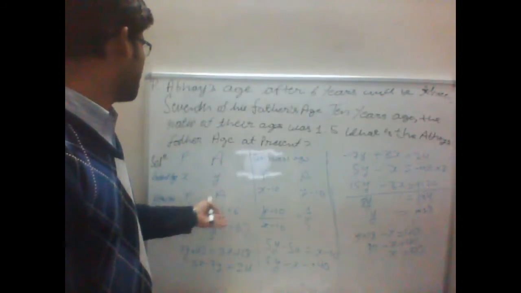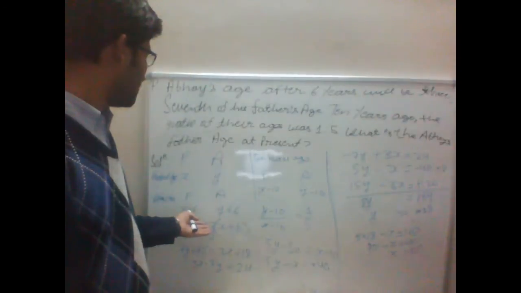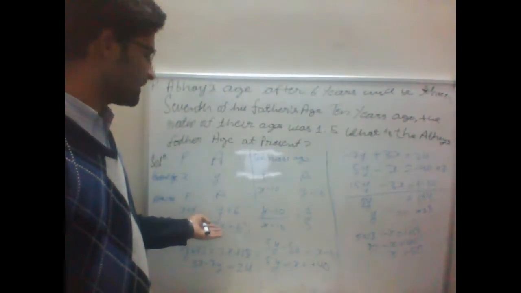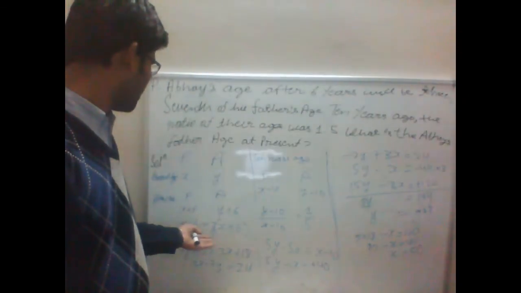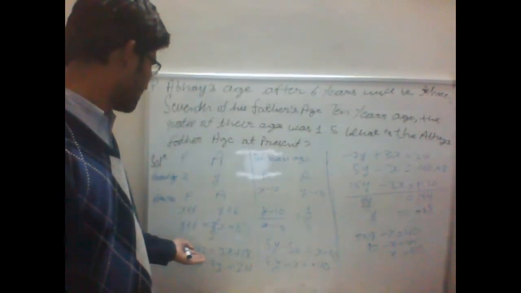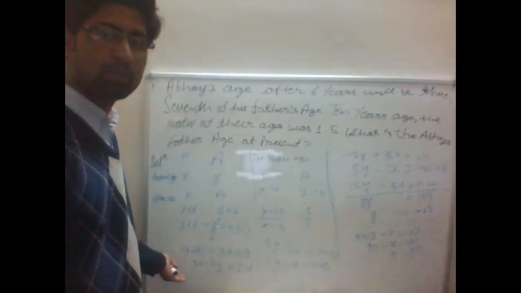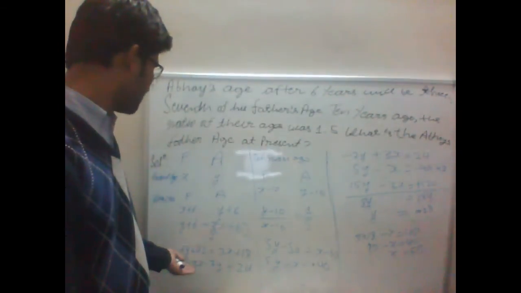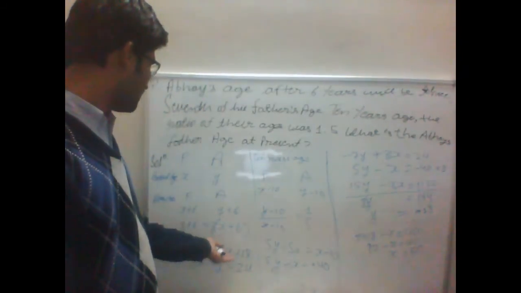So Abhay's age is y plus 6, and the father's age is x plus 6. When we solve it, 7 times (y plus 6), that is 7y plus 42, is equal to 3 times (x plus 6), that is 3x plus 18. When we simplify this equation, it will give us 3x minus 7y is equal to 24. How is it?